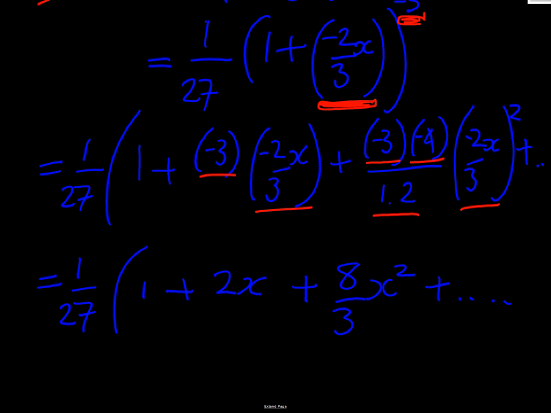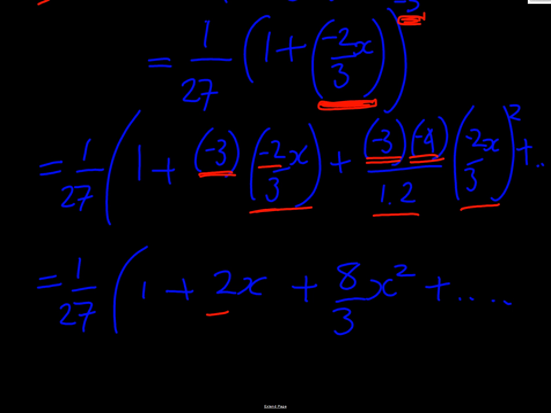So for the second term, we have minus 3 times minus 2/3, which is plus 6 divided by 3, giving a coefficient of 2. And the third term, we've got minus 3 times minus 4, which is plus 12, divided by 2 is 6. And then inside the bracket, we've got minus 2 squared, that's a 4, and a 9 on the bottom. After a bit of cancellation, we get 8/3.